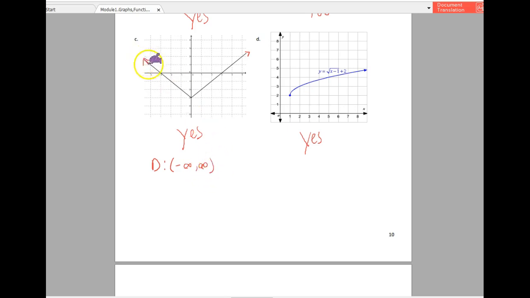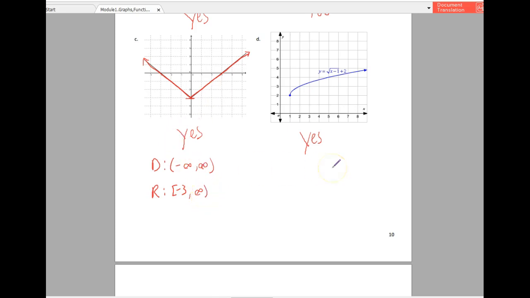And again, because it's continuous, meaning I never have to lift my pencil to draw it, it's going to hit all the points in between that as well. The range, so the lowest to the highest, the lowest point looks like negative 3, and it's going to go up forever, so up to infinity.